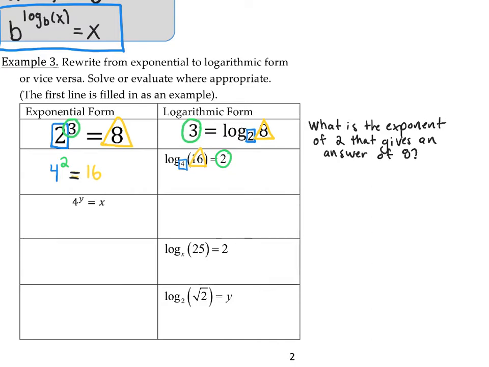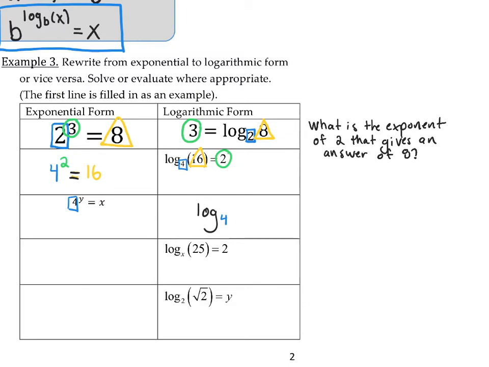Okay, we're going to just keep on practicing translation, because as long as you can translate a logarithm, you can find the answer. And you'll notice I've stopped editing these videos, so there's lots of weird little vocal mistakes. Okay, so here we go. 4 to the y equals x. If it helps you, we can diagram this out again. So 4 is the base. So I'm going to go over here and write a log with a base of 4.